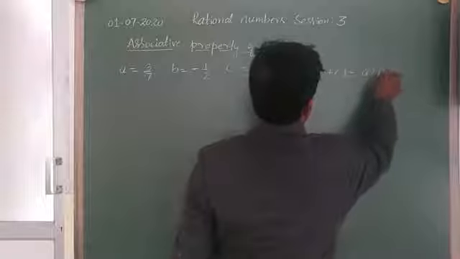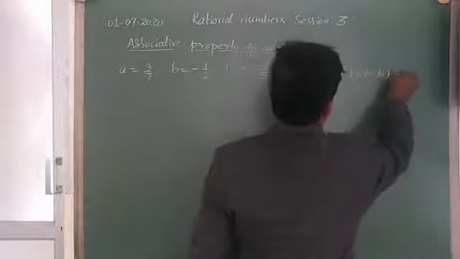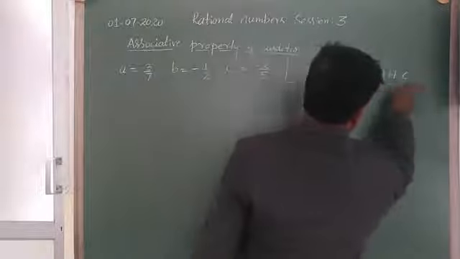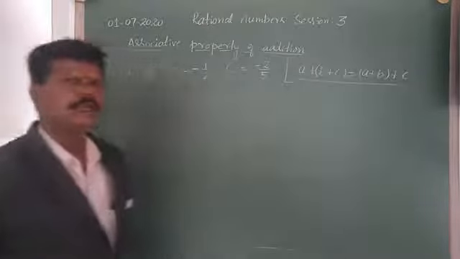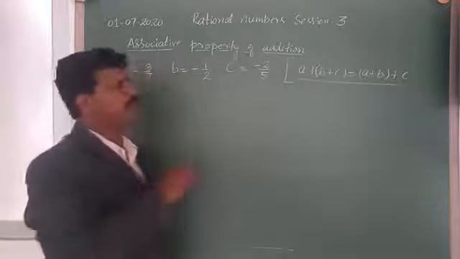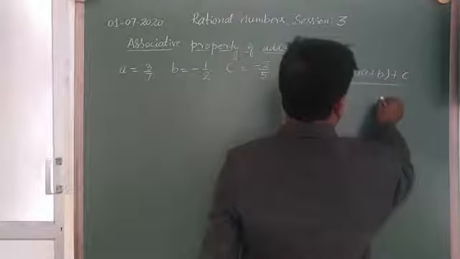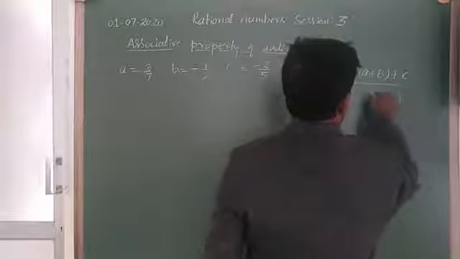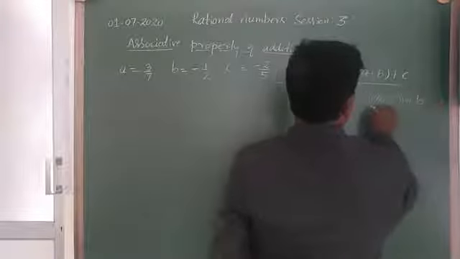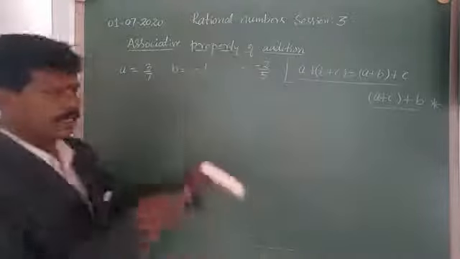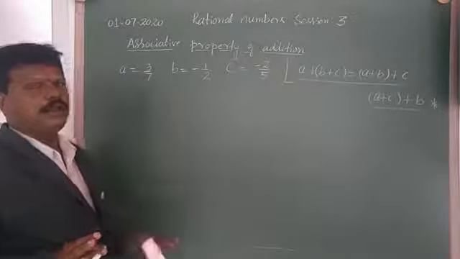I have taken only 2. If you want, you can take the third one and check it after my work, that is (A plus C) plus B. So check yourself whether that answer is also the same or not.